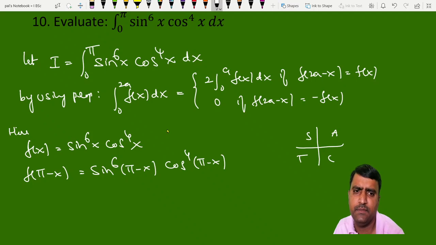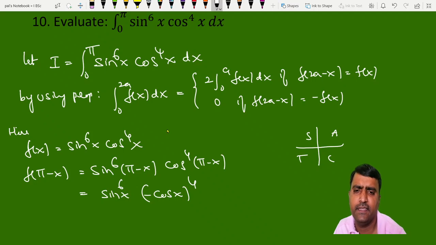180 minus theta means that it is the second quadrant. In the second quadrant sin is positive, so it is sin x to the power 6. 180 minus theta, cos is negative in the second quadrant, so you take minus cos x. It is minus cos x to the power 4, because it is cos to the power 4.